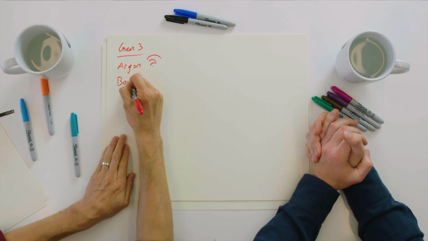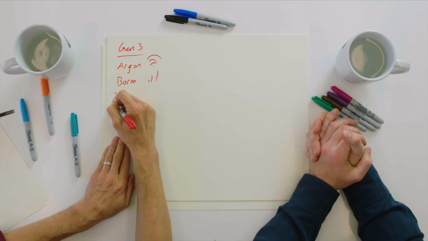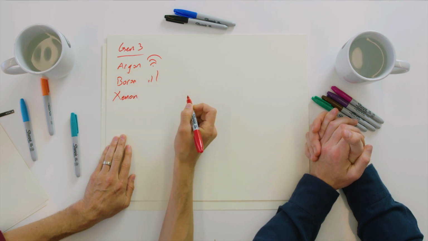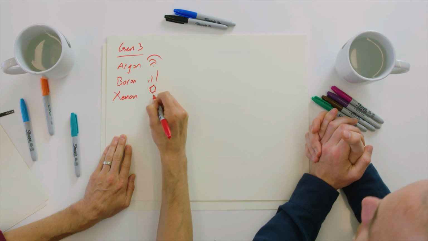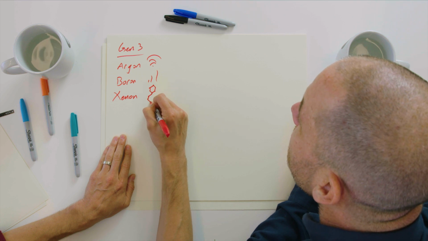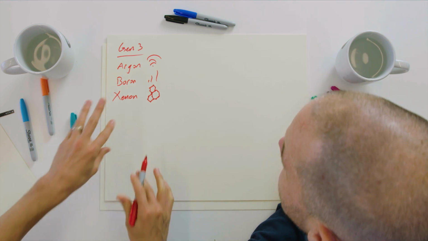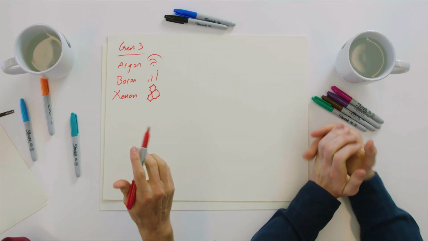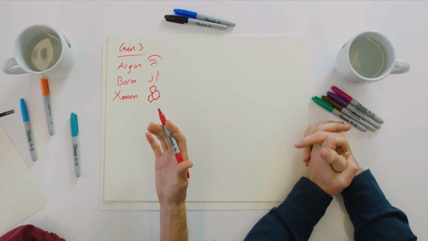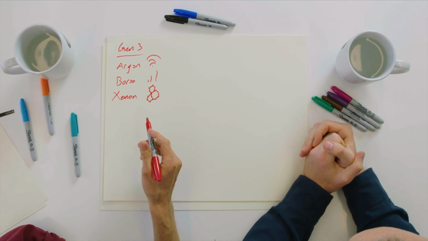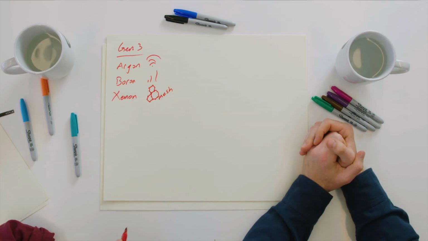We have the Boron, which is cellular, and we newly introduced the Xenon, which is, oh geez, am I going to be able to draw this? Oh shoot, I screwed it up, but it's approximately three hexagons, and then I messed up at the end. But that's sort of our symbol for mesh. It's an OpenThread mesh network.